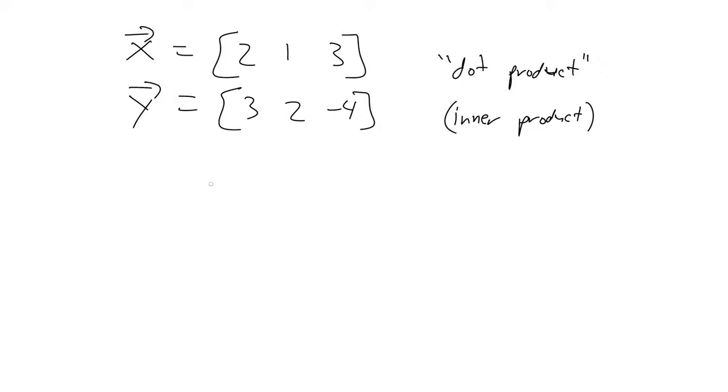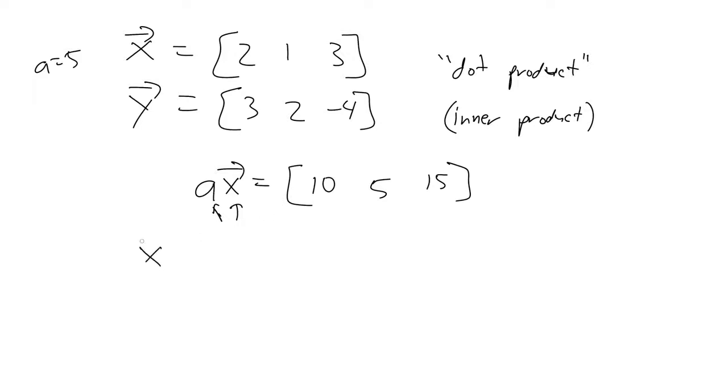But here's the thing. Remember when we took a scalar times a vector, we got back a vector, right? So if a is equal to 5 here, we got back 10, 5, 15. So a scalar times a vector gives us a vector. That might have seemed surprising to you, I'm not sure. It turns out that when we multiply two vectors together, we get back a scalar, weirdly.